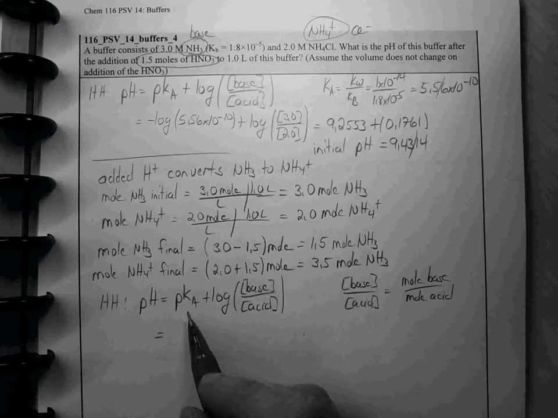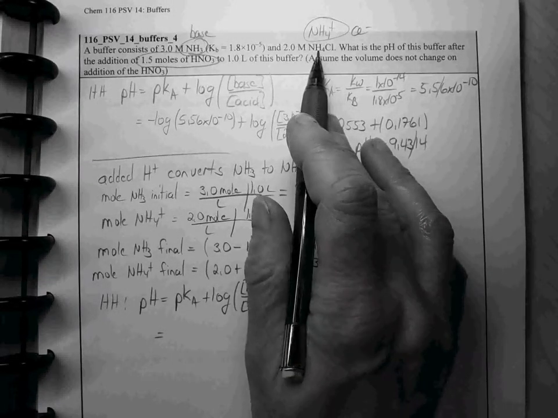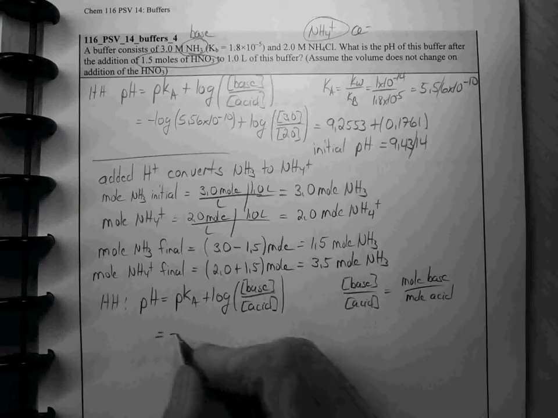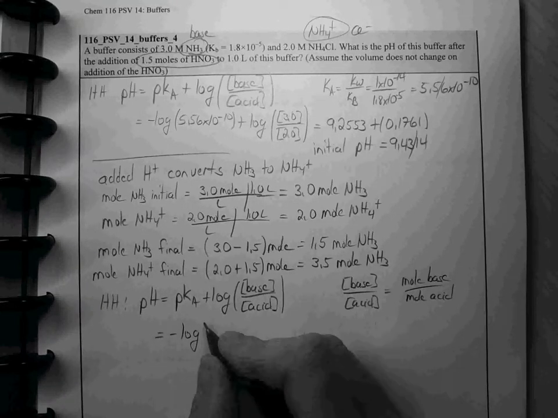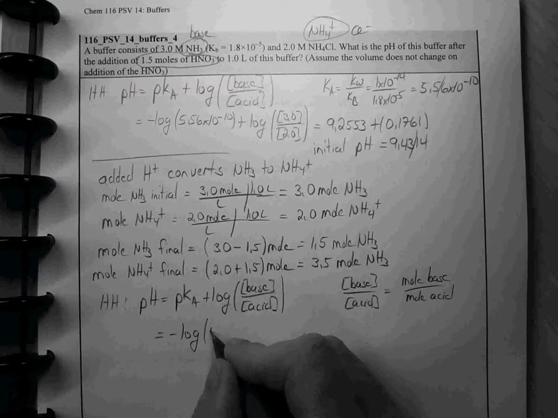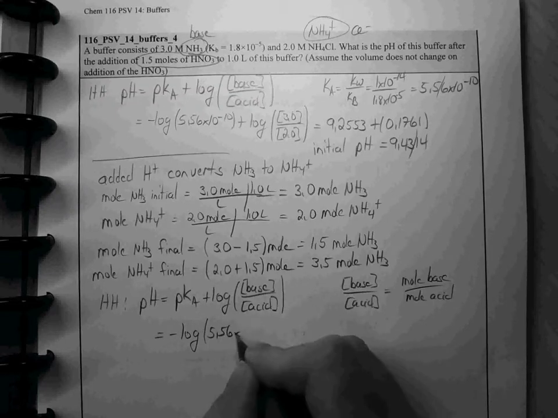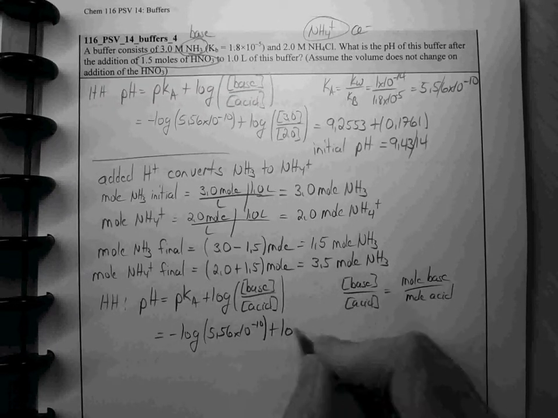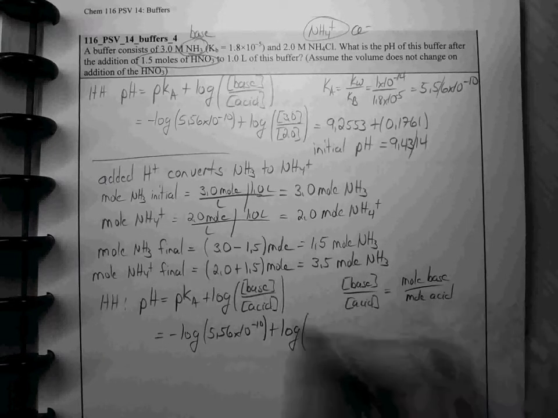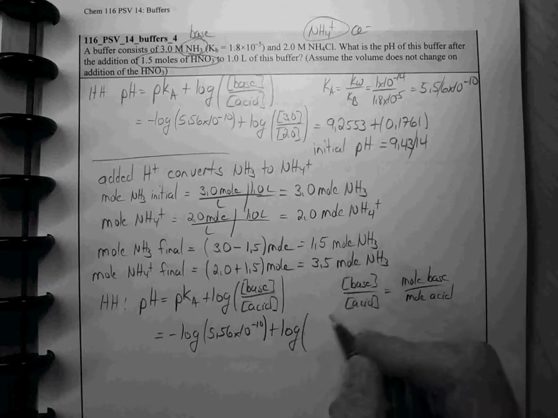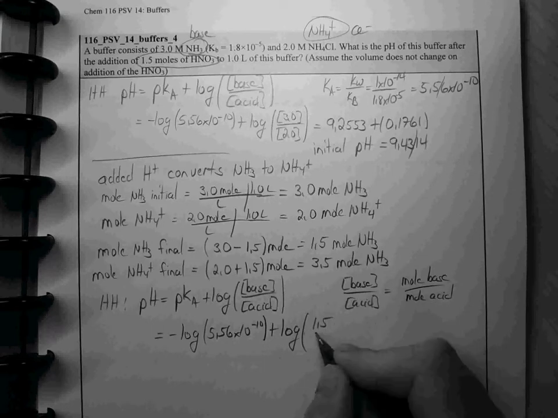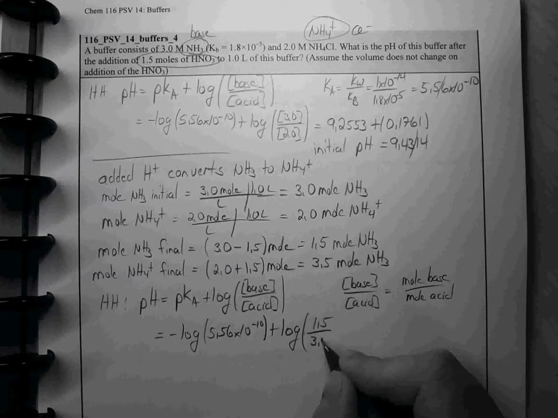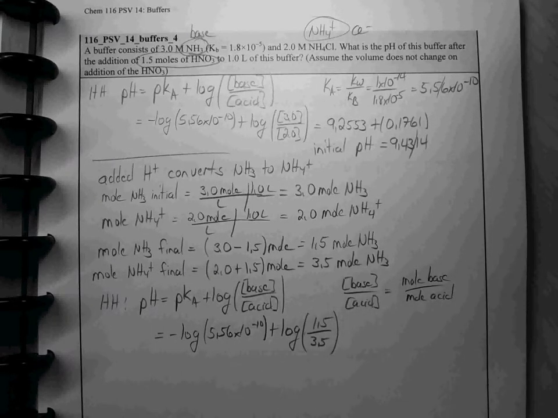Our pKa, again, is the pKa of our acid, NH4+. This is a negative log of 5.56 times 10 to the minus 10. And our base is the ammonia. So we have 1.5 to 3.5.